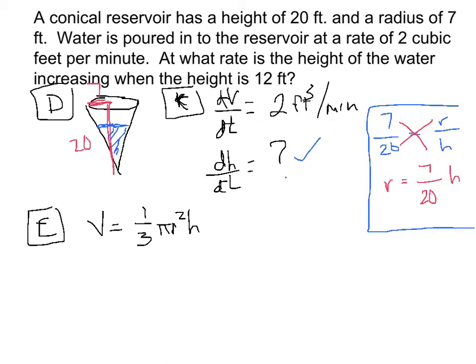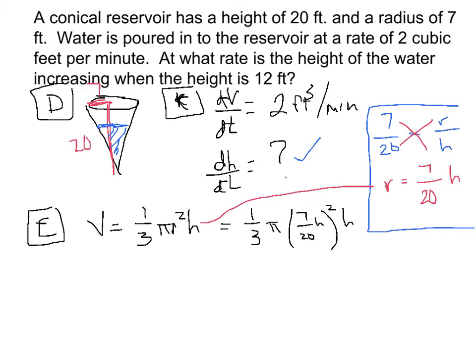So I'm going to go back here and replace r with 7/20 h. So 1/3 pi multiplied by (7/20 h) squared times h.